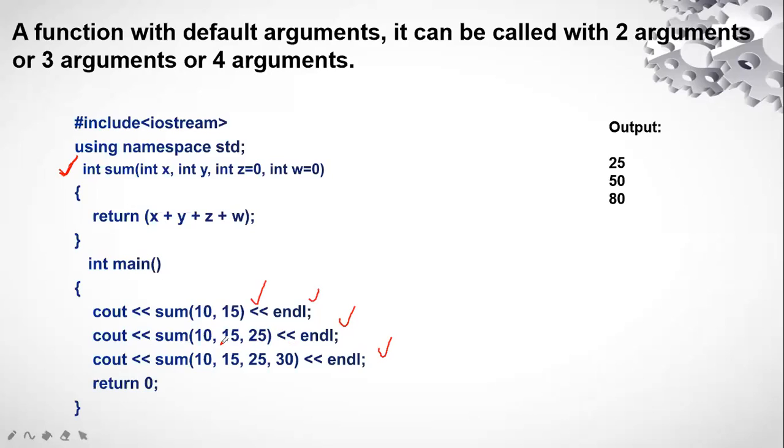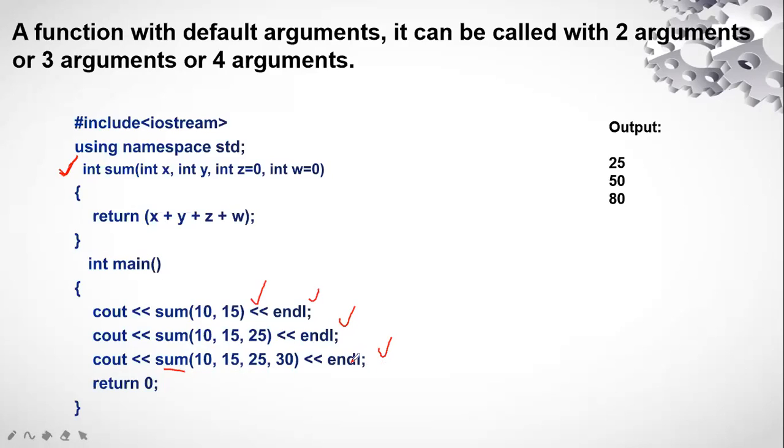So if we do not need another function, we can use the same function as sum 10, 15, 25. Next, we have taken cout again with the same function, that is with 4 arguments: 10, 15, 25, 30.